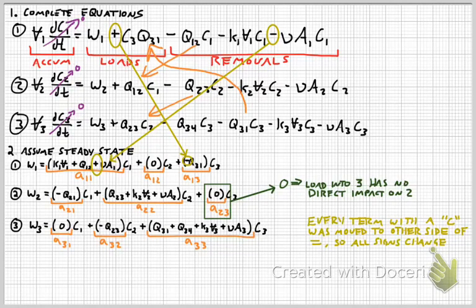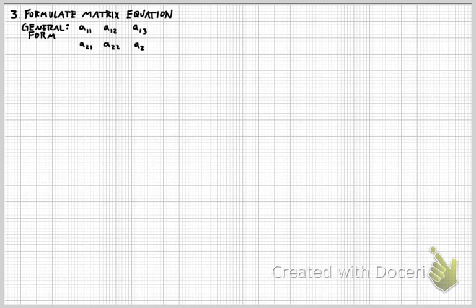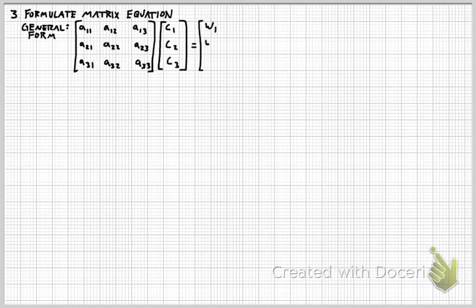So we've written our equations, we've simplified them for steady state, we've grouped terms to make our life easier for a matrix-based solution, and on the next slide we're going to actually formulate the matrix solutions for this problem. As we discussed in lecture and as you've seen in the text, the general form of our solution is going to look something like this, where we have a matrix that includes all of our assimilation factors multiplied by a concentration matrix equal to our forcing.